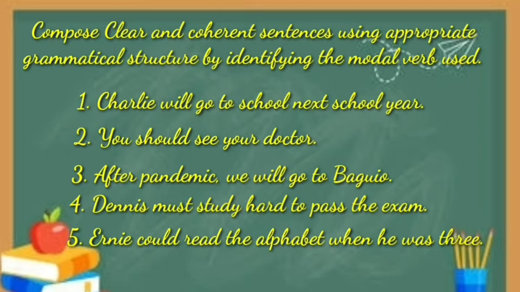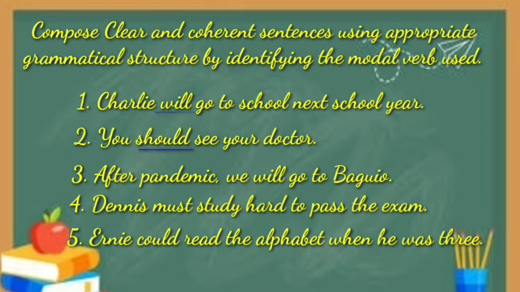Alright, let us check. Let's read number 1. Charlie will go to school next school year. The correct answer is will. Correct. Number 2. You should see your doctor. The answer is should. Correct. Number 3.